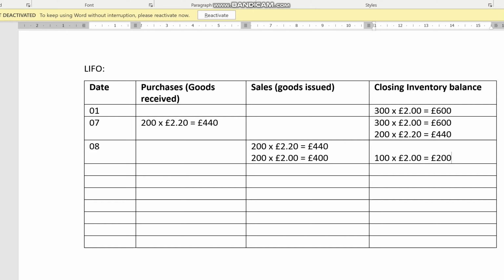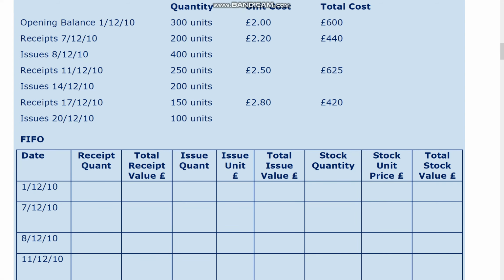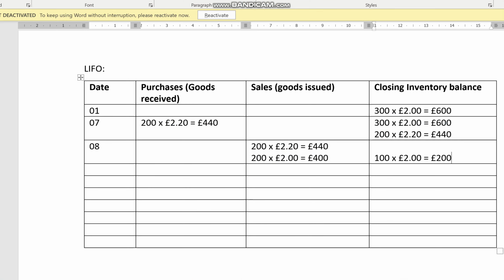Okay. The next transaction takes place on the 11th. 250 units were purchased, so 250 units at 2.5 with a total cost of 625. Just to double check. Yes.